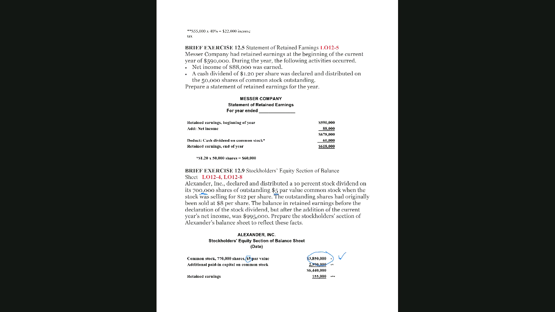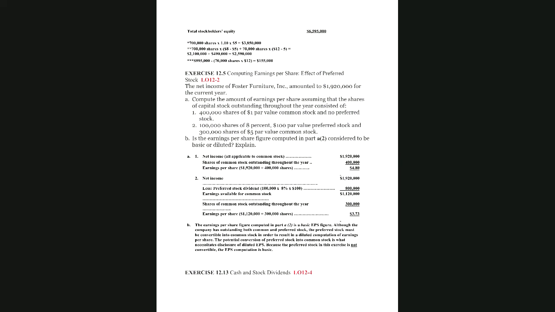But in what cases were we multiplying by the difference? We were told that when the original 700,000 shares were issued at the beginning of the year, the market value of those shares was $8, and the par value of those shares was $5.